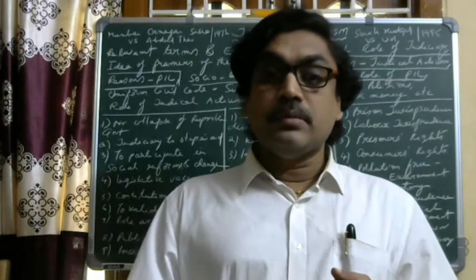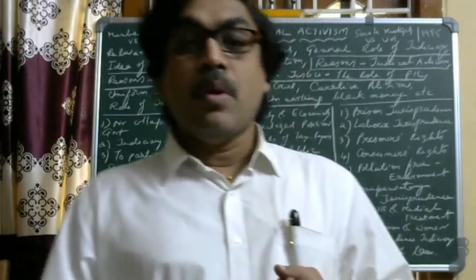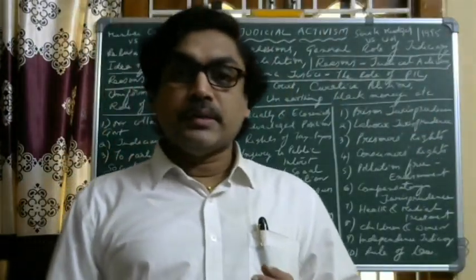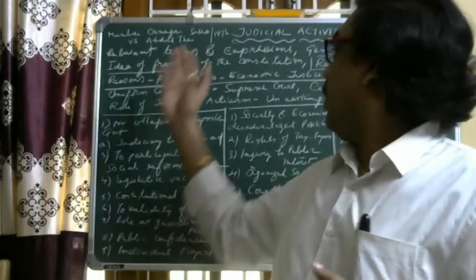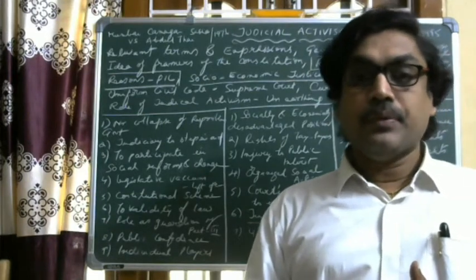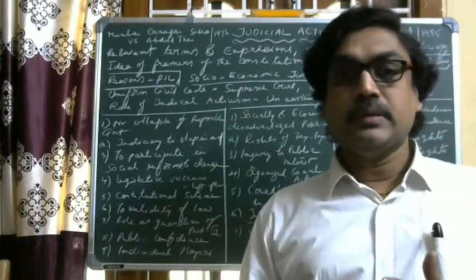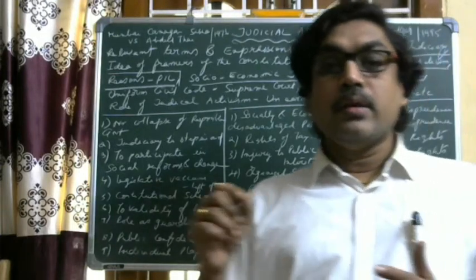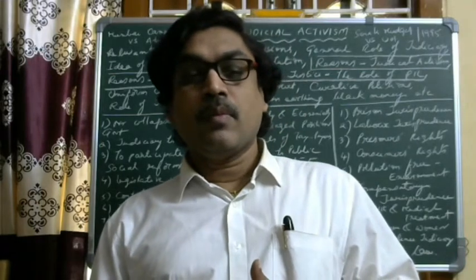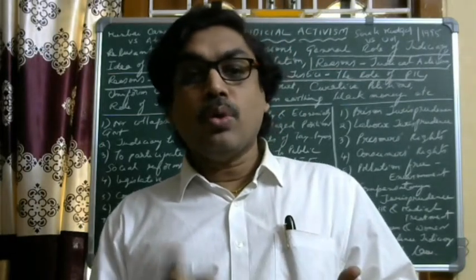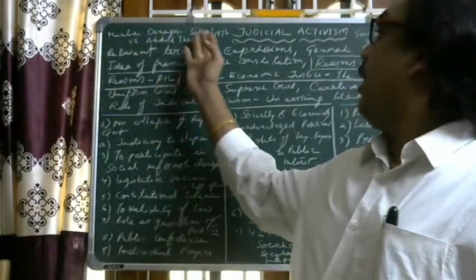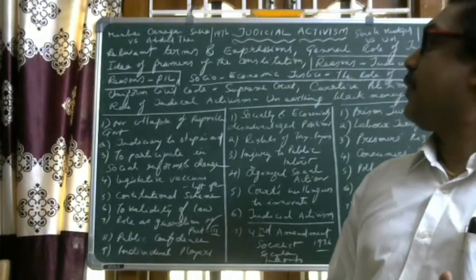And the second one, Mumbai Kamgar Sabha versus Abdul Thai, in 1976, as well as Hussainara Khatoon versus State of Bihar, and Rupa Ashok Hurra versus Ashok Hurra. That is, Mumbai Kamgar Sabha versus Abdul Thai.